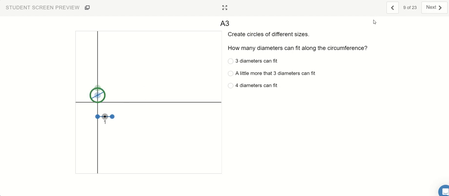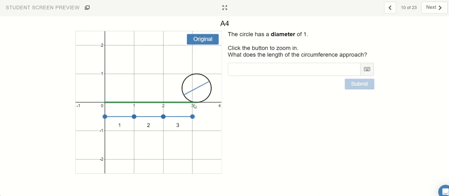Okay. Let's try making circles of different size. Here I can grab this green dot to make it bigger. When I roll out its circumference, its perimeter, 1, 2, 3, it always takes a little bit more. Even if I made a bigger circle and rolled it out, again, 1, 2, 3 diameters and a little bit more, right? It always takes a little bit more than 3 diameters to fit.